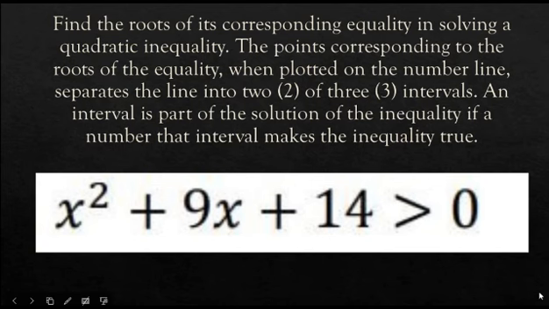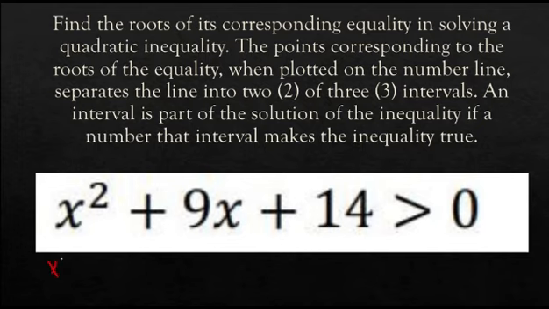Okay, so let us have now our last example. So at this moment, pwede nyo na ako sabayan ng pagsusolve para matry nyo na kung marunong na tayo. Okay? So we have x squared plus 9x plus 14 greater than 0. So the first thing that we need to do here is to write it first as an equation.